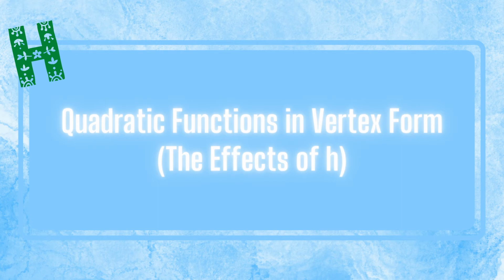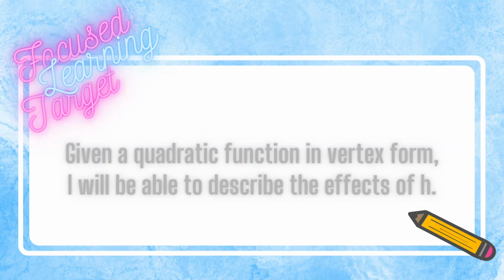Hey guys, today we'll be looking at the effects of the parameter h given quadratic functions in vertex form. So here's today's FLT. Given a quadratic function in vertex form, I will be able to describe the effects of h.